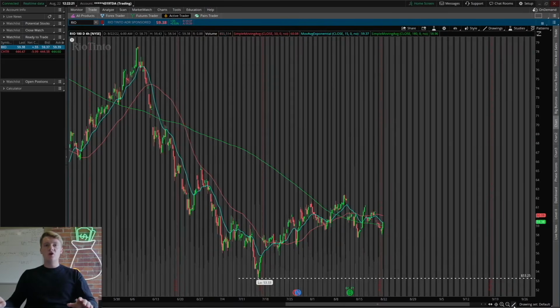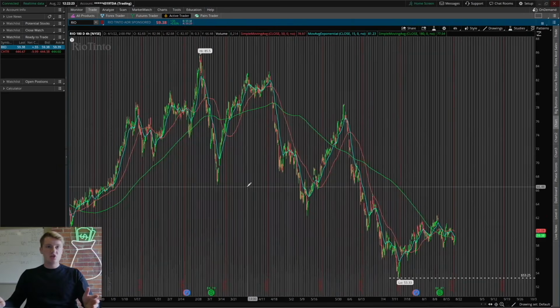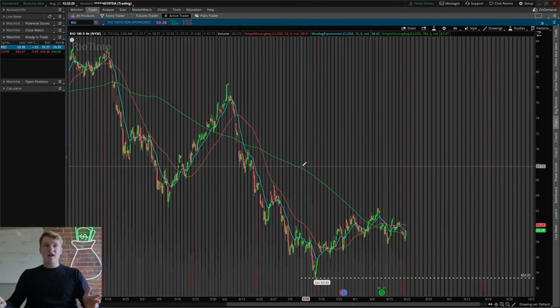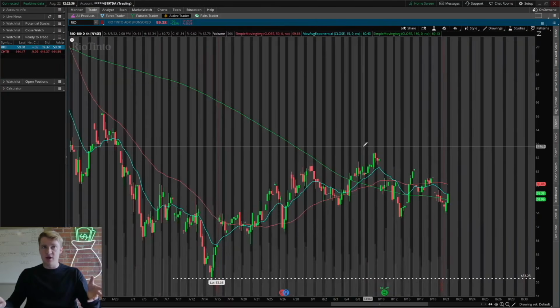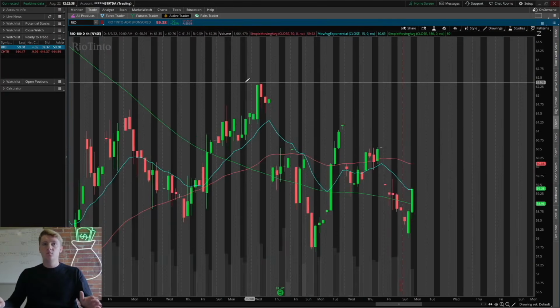Now, it's important to note that we could still take this trade, but due to the fact that the moving averages are not respected, we would more than likely want to manage this trade based off of candlestick support and resistance levels. Okay, so we ended up getting rejected right here at 62.36. We've got resistance.